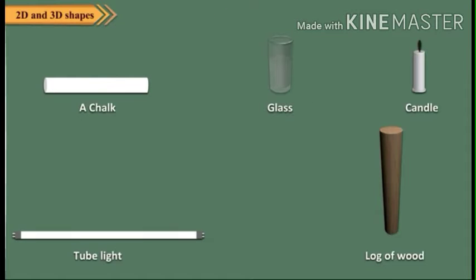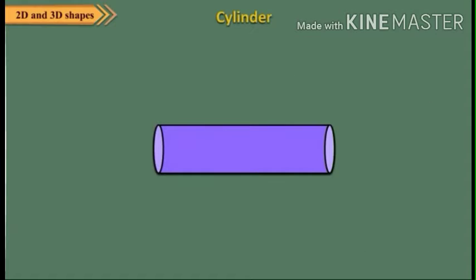In all the objects shown here from our daily life, all have the shape of a cylinder. A cylinder has no vertices. It has two curved edges and three faces. One face is a curved face. Two faces, the top and bottom, are flat.